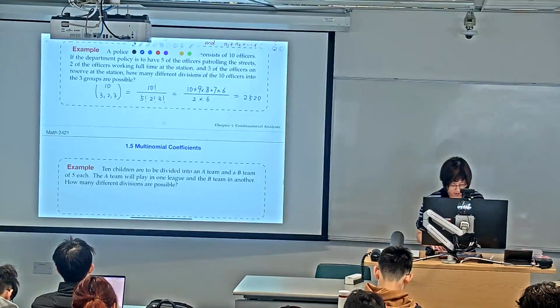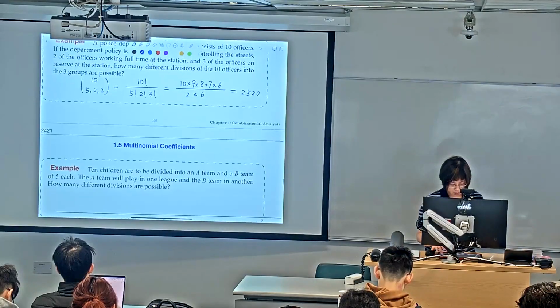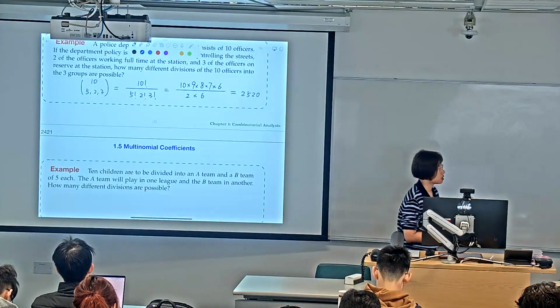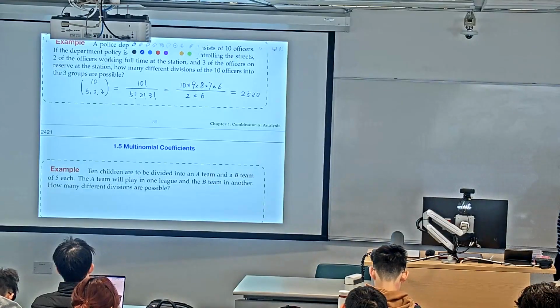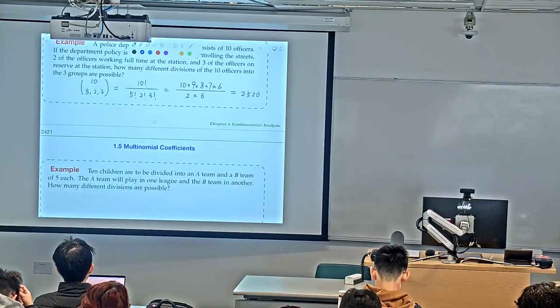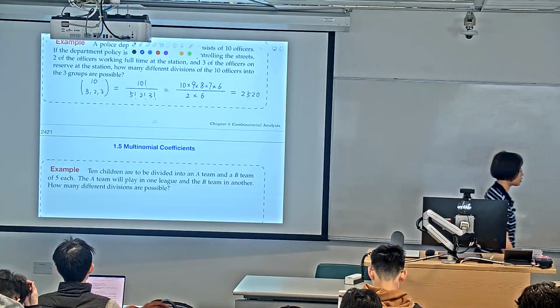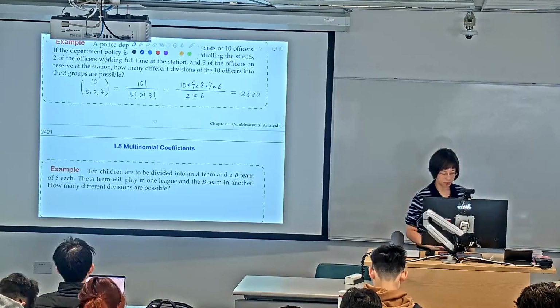The next example is similar. 10 children are to be divided into an A team and a B team of 5 each. The A team will play in one league, the B team in another. How many different divisions are possible?